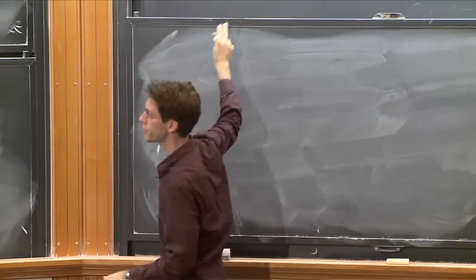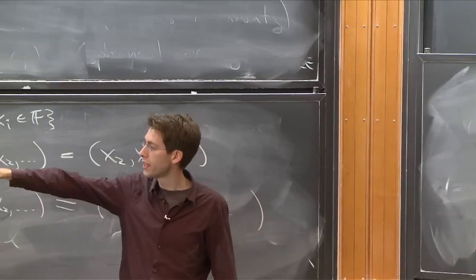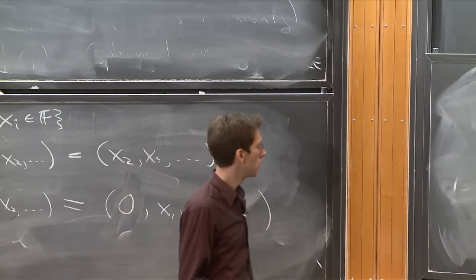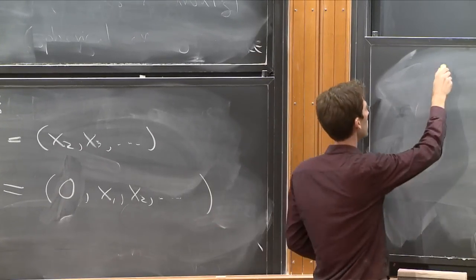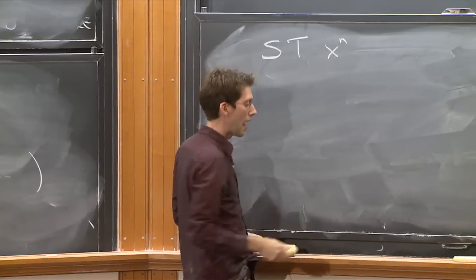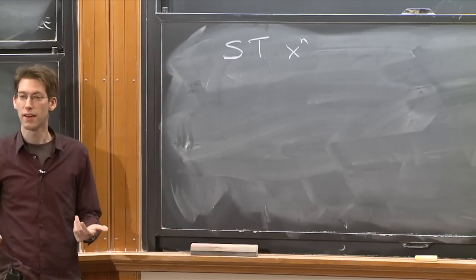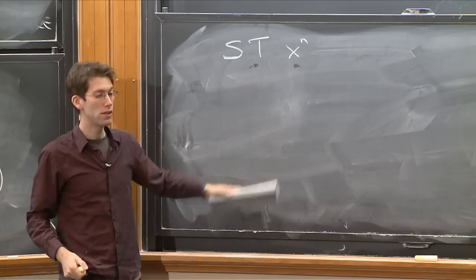And just to give a quick example of that, let's look at this example 1 here with polynomials. Let's consider s times t acting on the monomial x to the n. So t is differentiation.